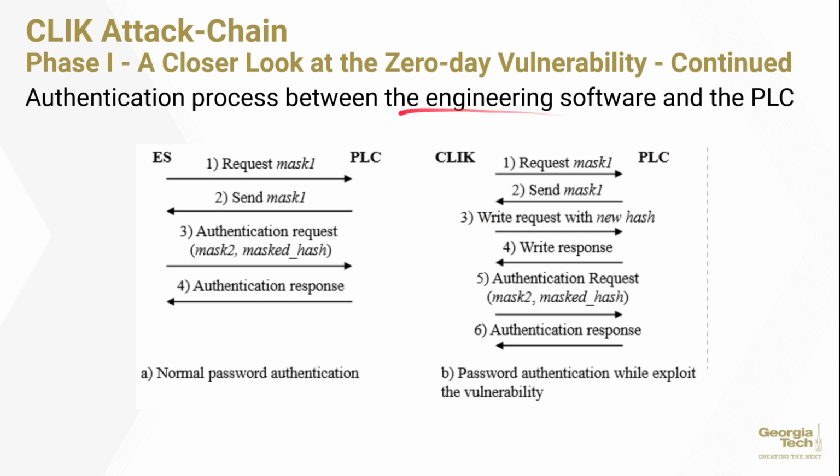Likewise, the CLIK process follows the same procedure, though it includes two additional steps where it's actually writing a new hash into the PLC, and based off of its authentication request, we'll know whether or not the authentication worked.